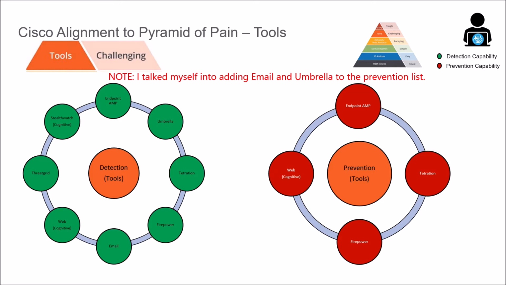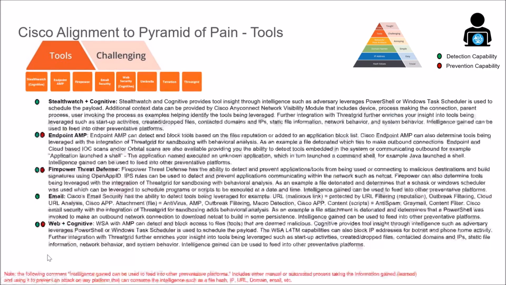And when we get into defensive, more the preventative side, we've now shrunk that capability stack down, right? So now we've got Endpoint AMP, we have Tetration, we have Firepower, and we have web. So let's dig into this a little bit deeper, focused on the detection and prevention capability.